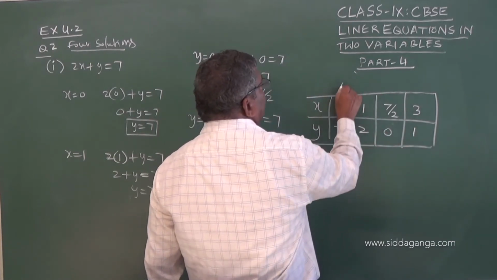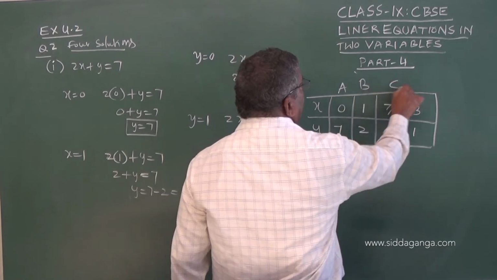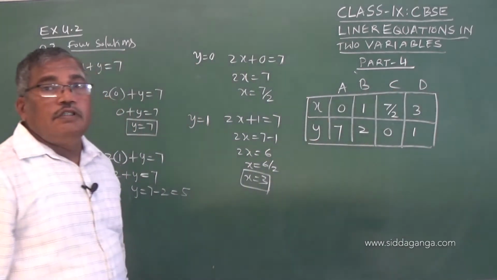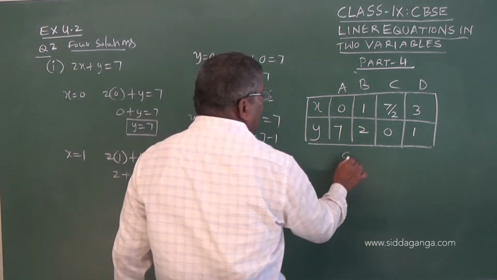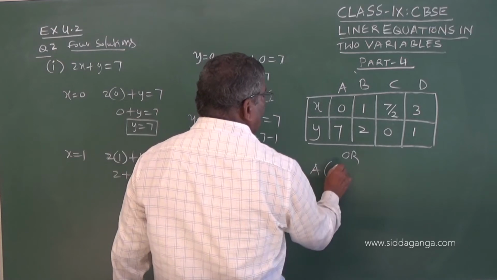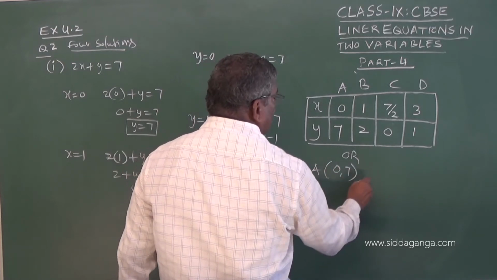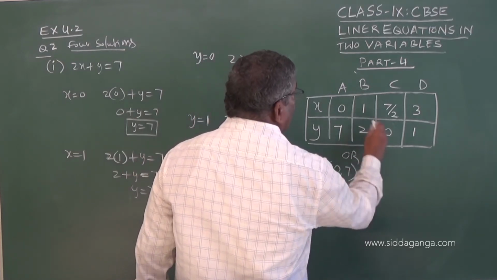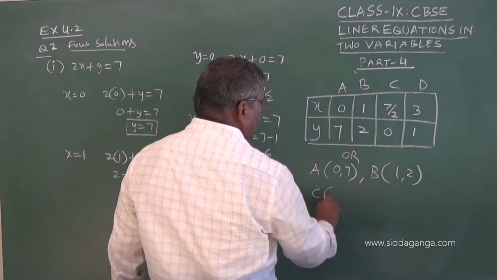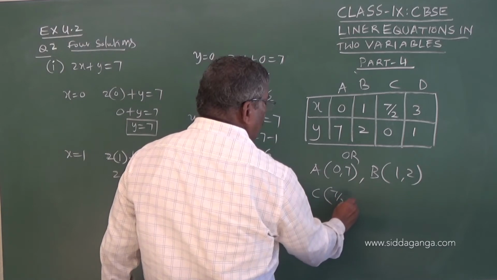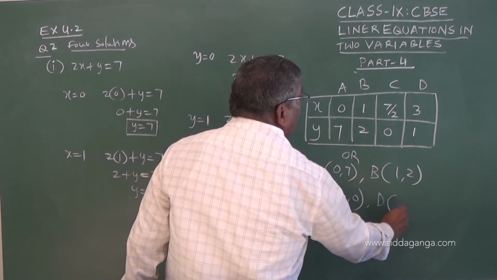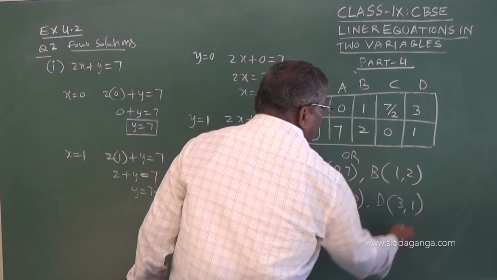You can name these as A, B, C, D. This is one way, or you can write like this: A (0, 7), B (1, 5), C (7 by 2, 0), and D (3, 1).